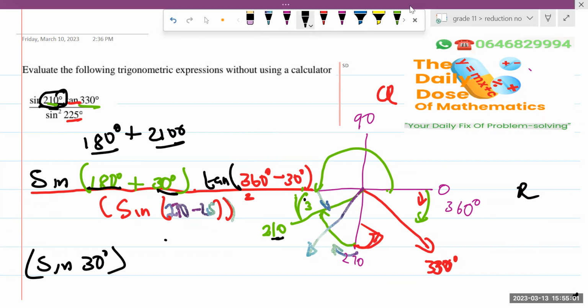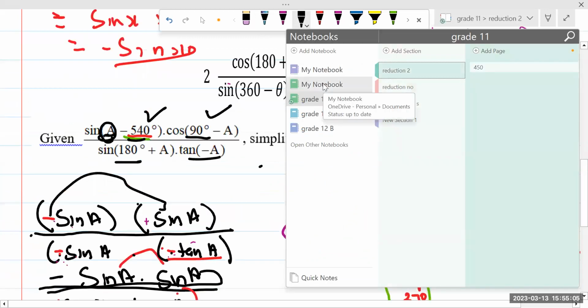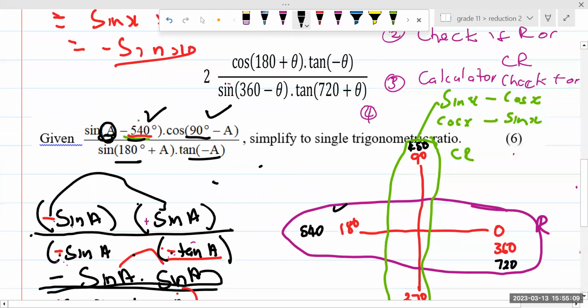Can we repeat what we just said? Guys, remember, here's what we had. This is what we had yesterday. So what were we saying from here? We said 540 can reduce. Okay? Then the only thing we have to ask ourselves is this question: 540, does it reduce and change or does it reduce on? That's the question we're asking.